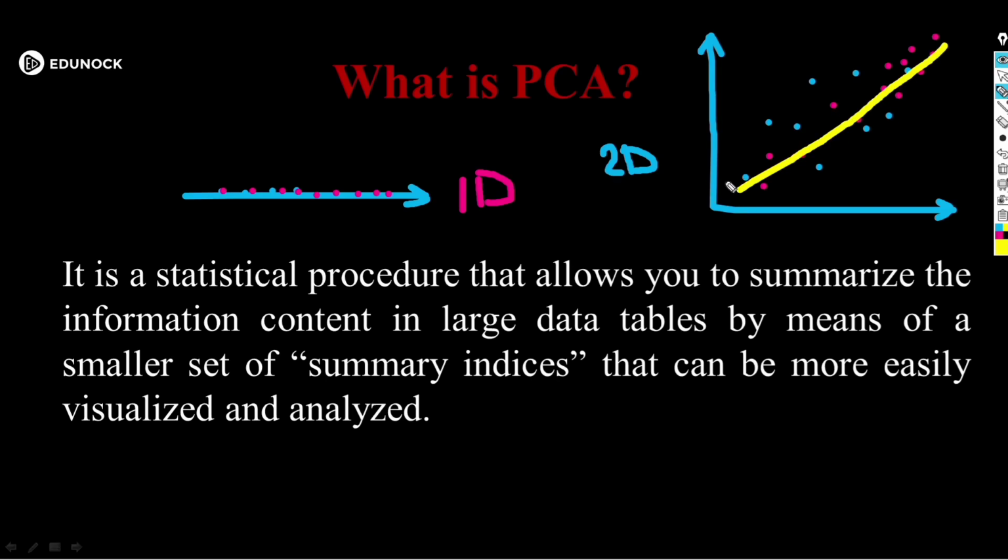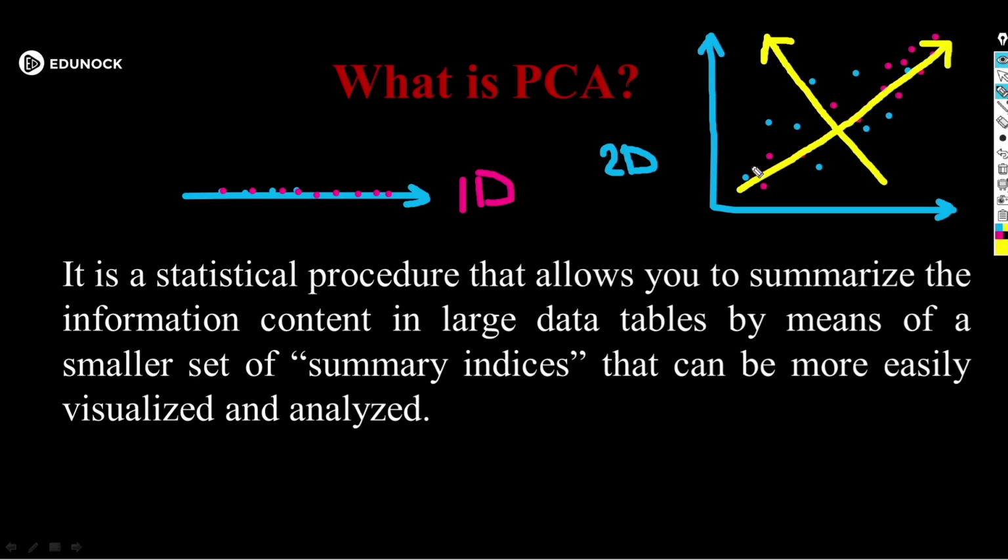But if I can convert this two-dimensional data set into a one-dimensional data set, I can do it by rotating my axes. So these are the new axes, accommodated according to my data set with the data points.